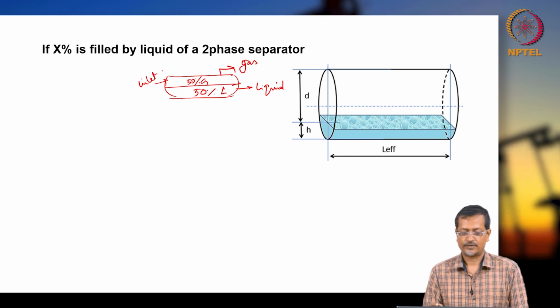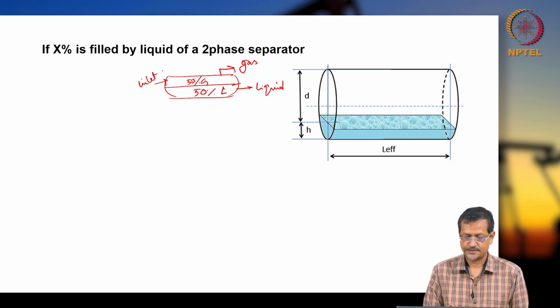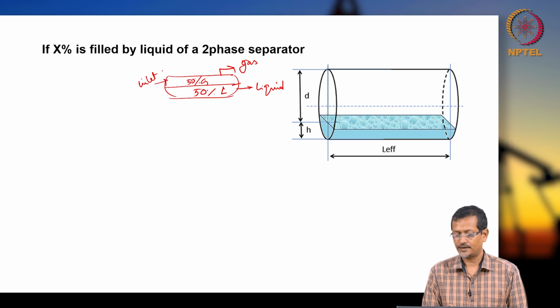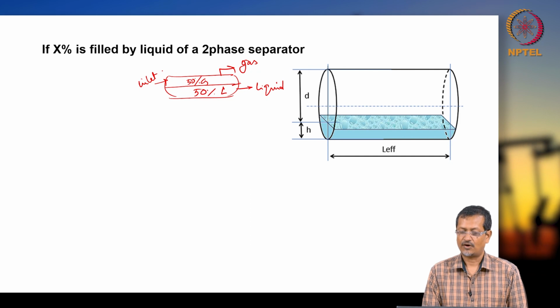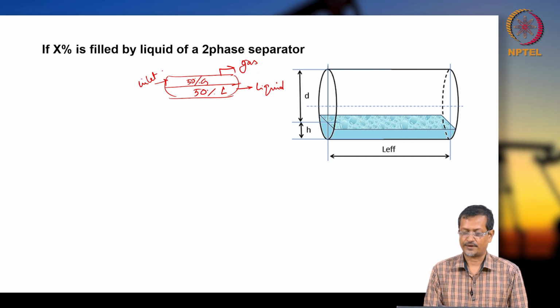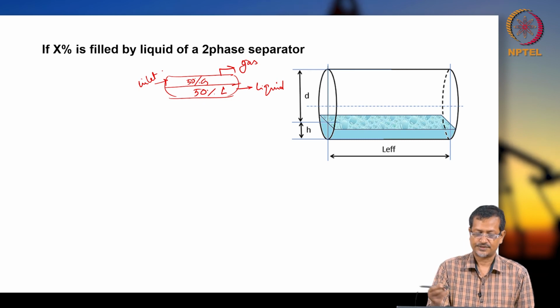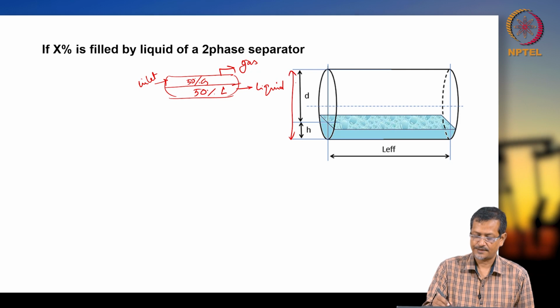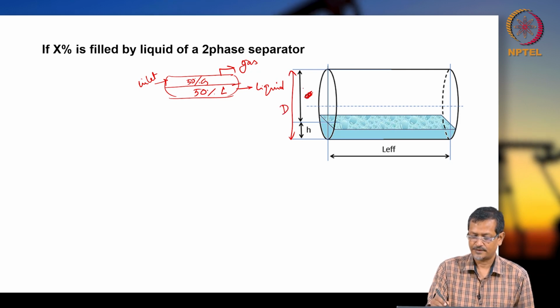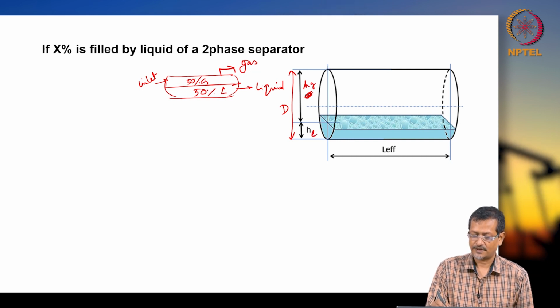Okay, now in some case if my liquid is more than 50%, like say 60% or 70%, or maybe gas 60%, 70%, then what will be the formula, how to calculate? So let's see that one. Let's assume this one is capital D, this one maybe H gas, this one H oil or H liquid.